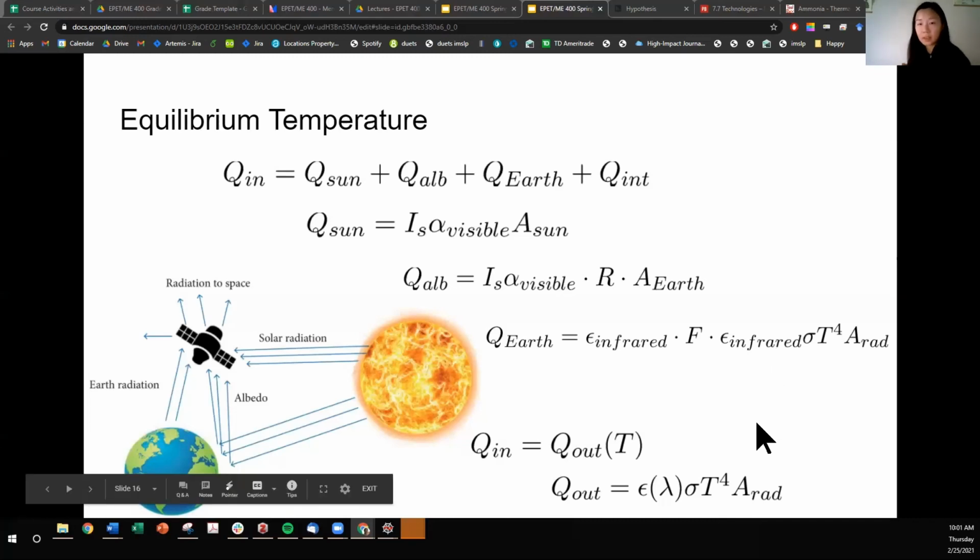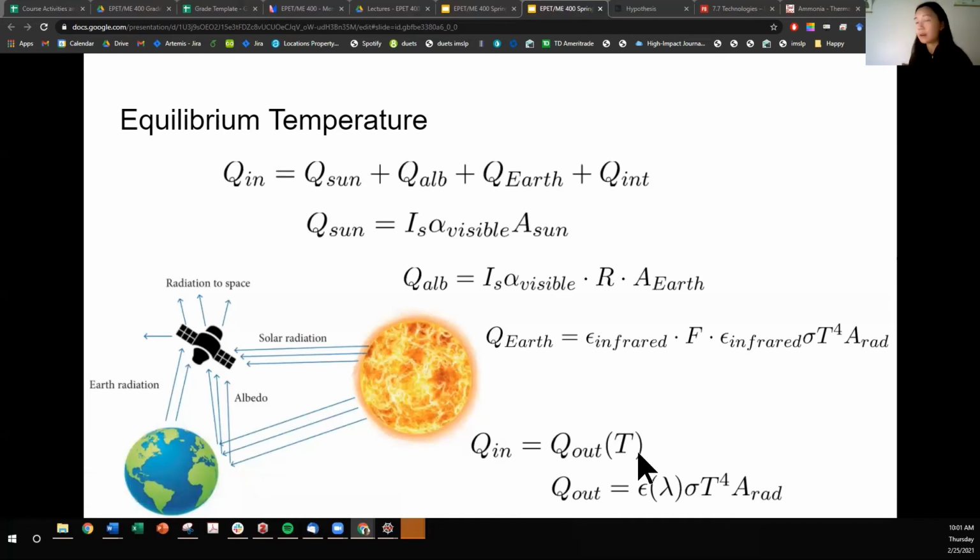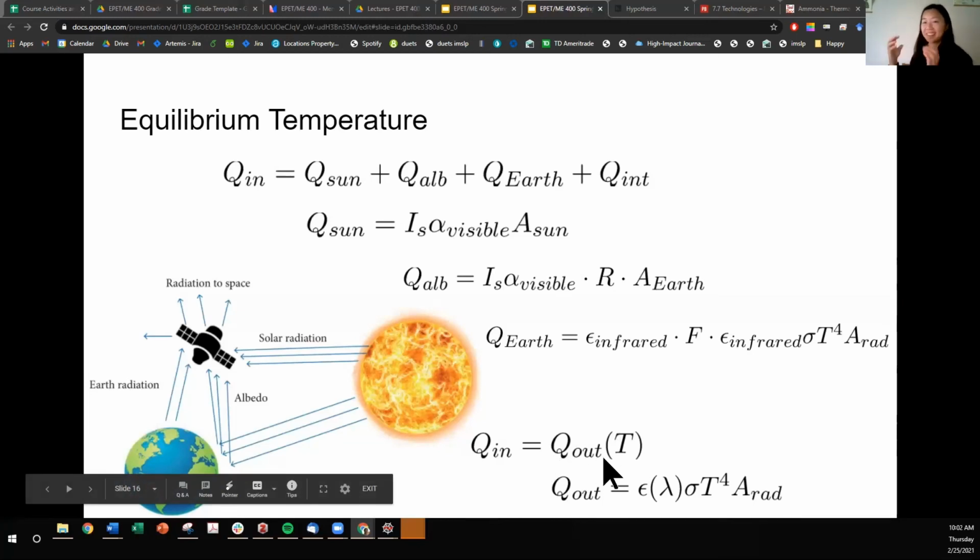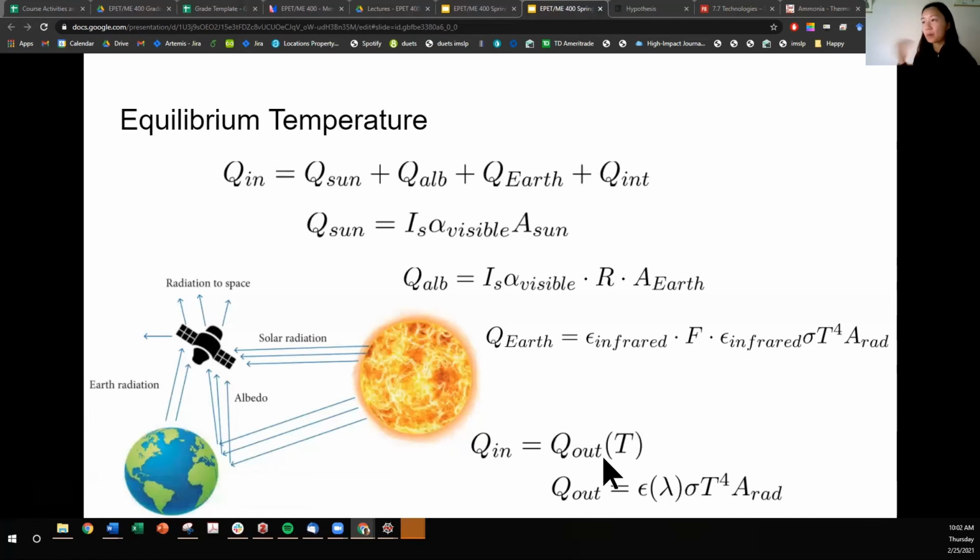So one equation and one unknown. This is the one equation, and our unknown is going to be the final temperature, the equilibrium temperature of our spacecraft in the end, where we're assuming that the spacecraft is just like a single node. It's the simplest assumption that it's this point in space and everything is just homogeneously clumped together. So the solution is the mean temperature of the entire spacecraft.